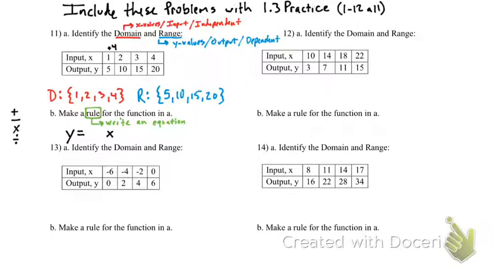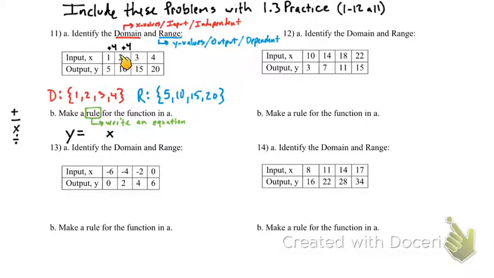Okay? So let's check if this rule works for all of my inputs and outputs. So we know it works for the first one because 1 plus 4 is 5. Now I'm going to try my second input. With the same rule, you can't change the rule from one to the other. It has to be the same rule for all of them.